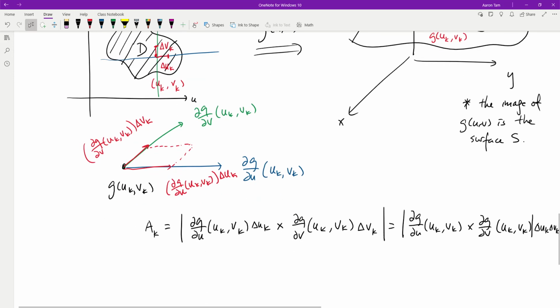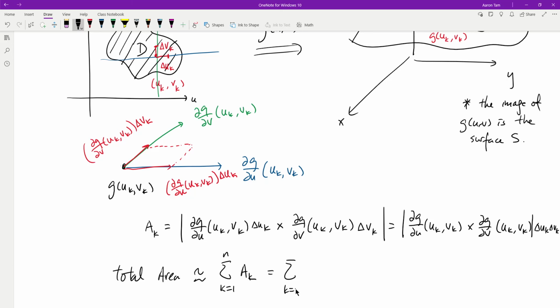So essentially I'm cutting this area into a whole bunch of smaller parallelograms with positive area. So I can then say the total area will be approximately equal to the summation from 1 to n of A sub k, which is the summation, k from 1 to n, of the length of dg over du at u sub k, v sub k, cross dg over dv at u sub k, v sub k, multiplied by delta u sub k, delta v sub k.